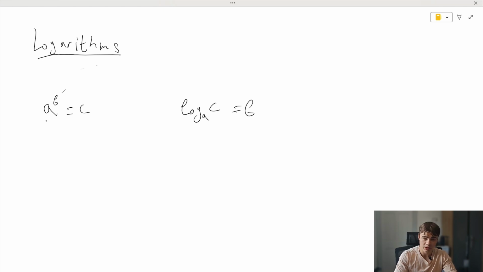Okay, so when you raise a to the power of b, a is called the base, b is called the index, c is the value. When you take the log of it, a is the base, c is the value, b is the index.